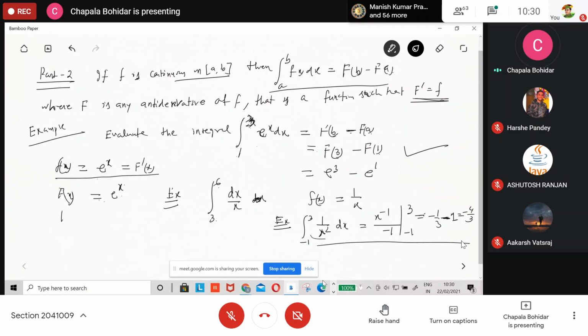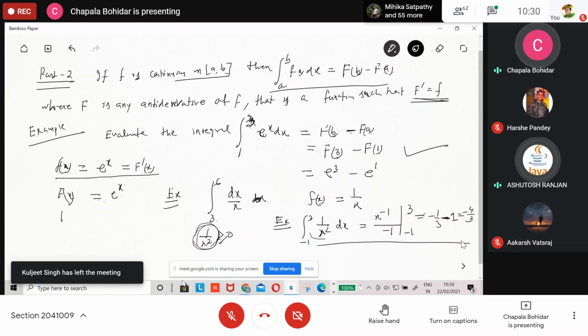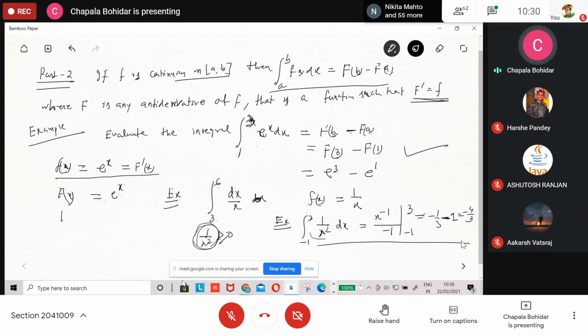Also, 1 by x square is always greater than or equal to 0, always positive, but I am getting a negative value. And it is not defined at 0, where 0 lies in between this interval. So this is wrong. You have to write down that this integration does not exist.